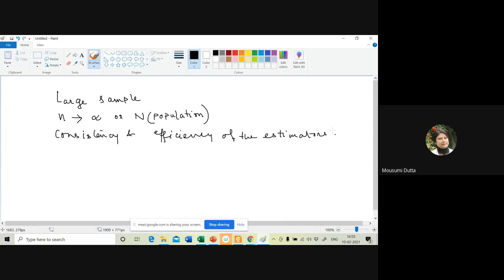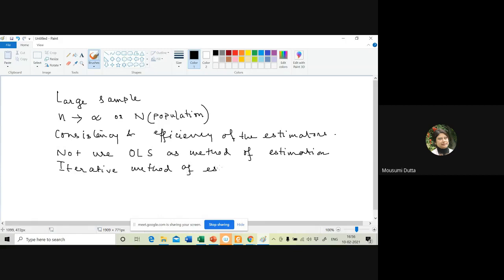In case of large sample, we will not use OLS as the method of estimation. OLS is the proper method of estimation in case of finite sample. In case of large sample, we have to move to an iterative method of estimation.